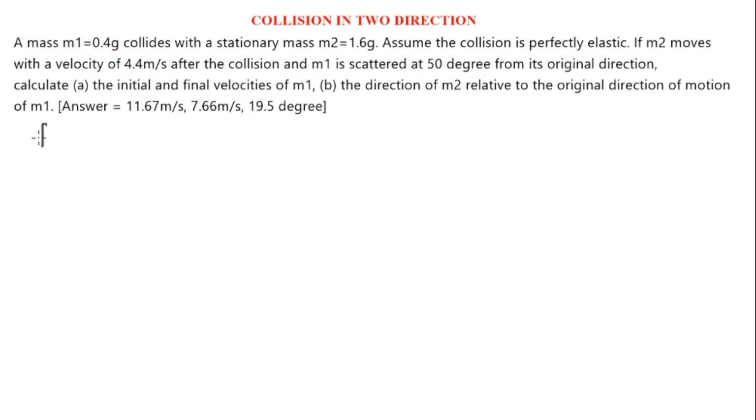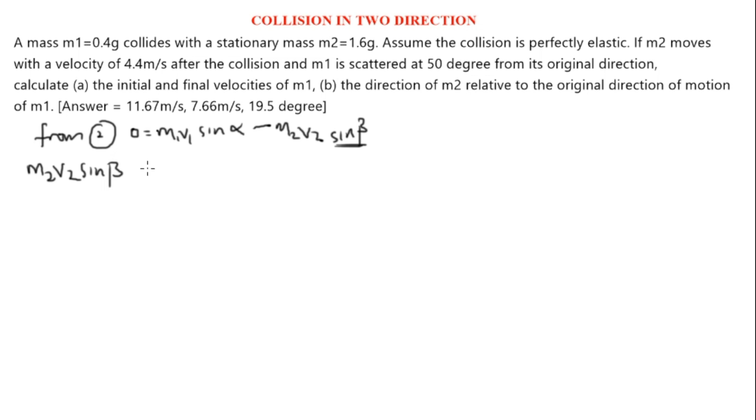From equation 2, we have 0 equal to m1 v1 sine alpha minus m2 v2 sine beta. That means m2 v2 sine beta will be equal to m1 v1 sine alpha.